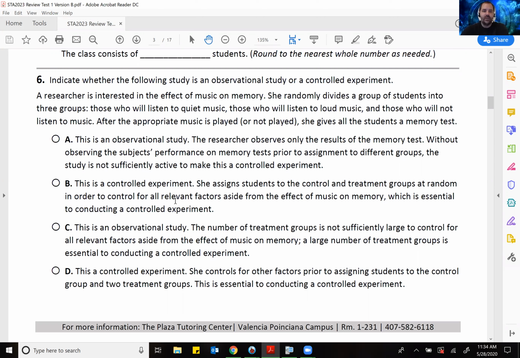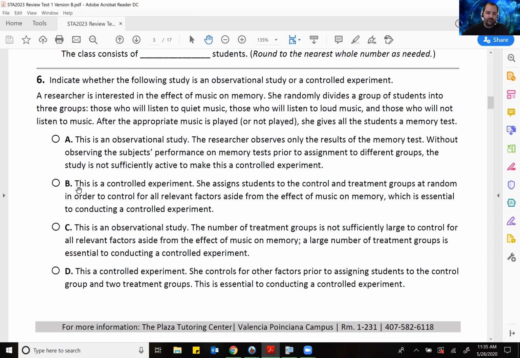So first thing, is this observational or is this controlled? Controlled. So that means we're either B or D. Now let's read these explanations. B says she assigns students to the control and treatment groups at random, in order to control all relevant factors aside from the effect of the music, which is essential in conducting a controlled experiment.